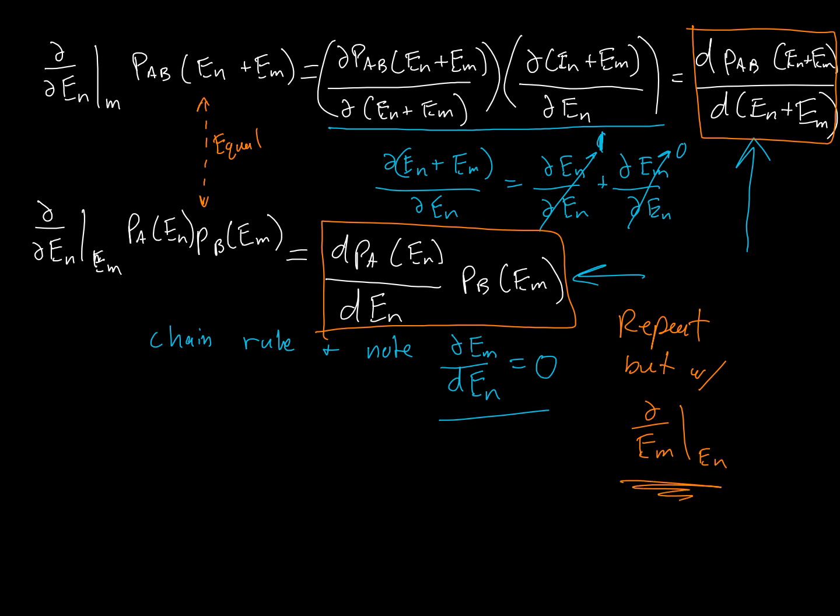Now, when we do this approach, this equation is going to be exactly the same. All you're going to be doing is changing out A for B and N for M, right? So A goes to B, and En goes to Em, but it's exactly the same procedure.